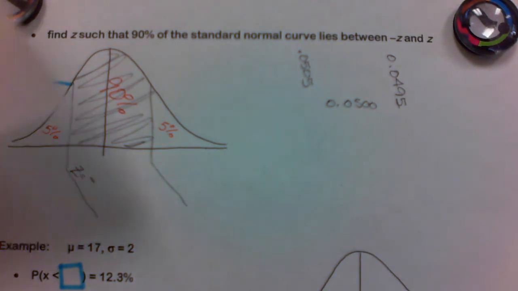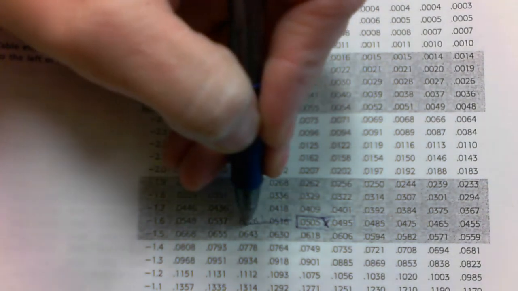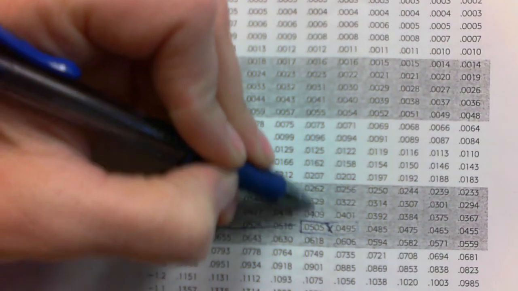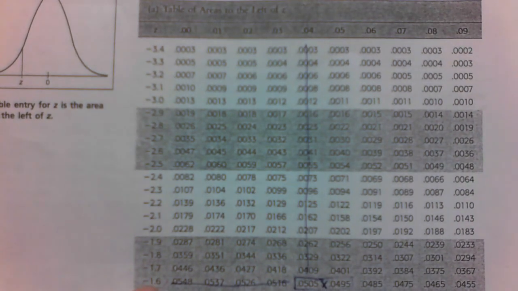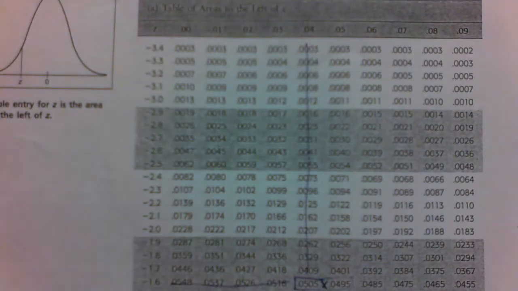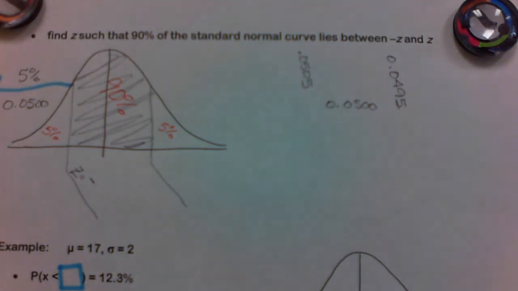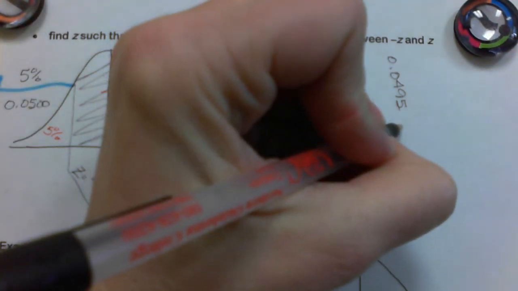So that tells me I need to find the two z values and average them. So I'm going to go here and up, and I get negative 1.64. So this is negative 1.64, and this one is negative 1.65.